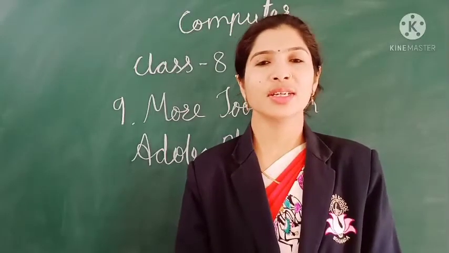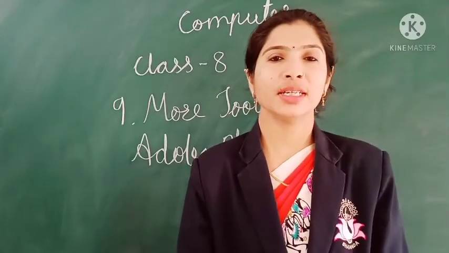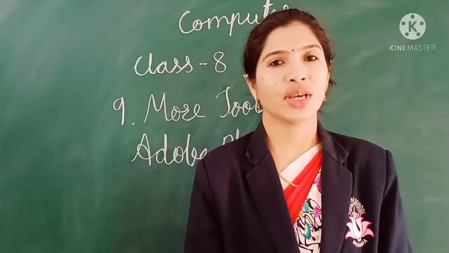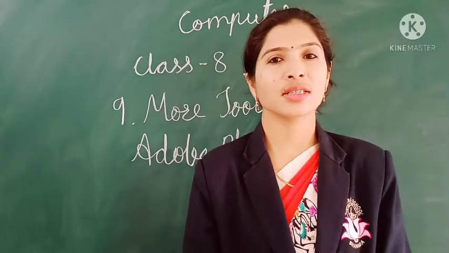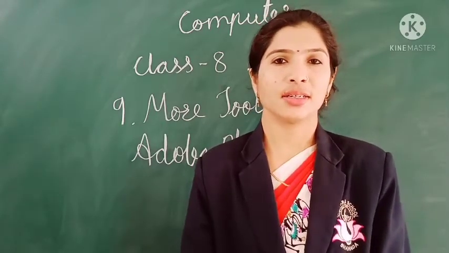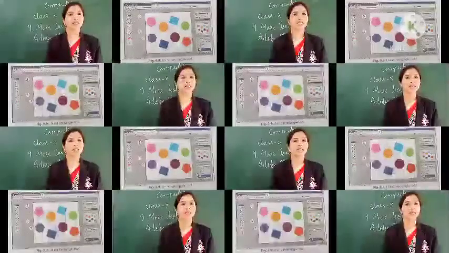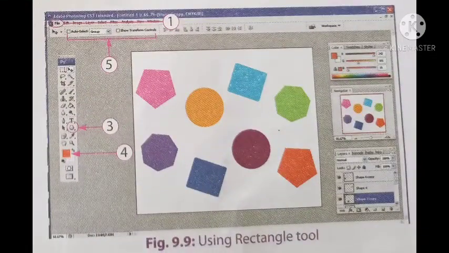Now, drawing shapes. In Photoshop, you can also create various shapes such as a rectangle, circle, square, triangle and star. To draw a shape, let's see some steps. First, create new image by selecting new option from the file menu.